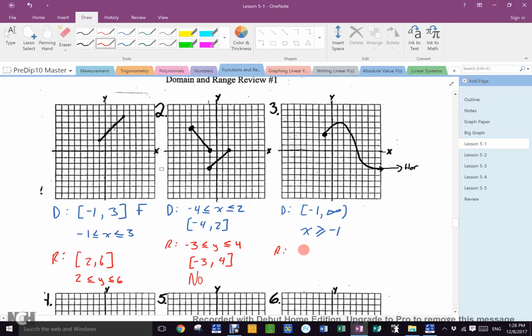Range is square bracket, -3, comma, 5. Absolutely correct. Or, of course, -3 less than or equal to y less than or equal to 5. The mistake that you will make here is you will go to the end of the function.